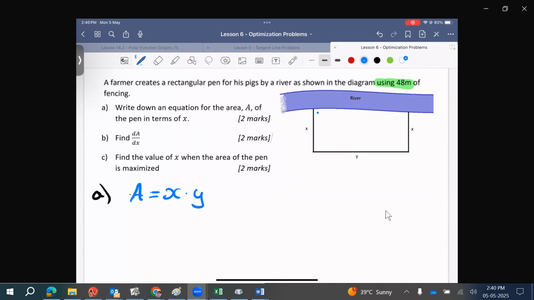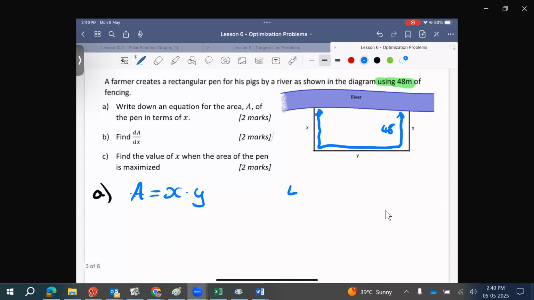That means that we're going to use the fencing like this. That's 48 meters. And this is going to create the fence. So it's not going to be a square. It's going to be a rectangle. Let's see how we set that up. So we can say that the perimeter, the length of fencing, is 48, and that has to be made of 2x plus 1y.